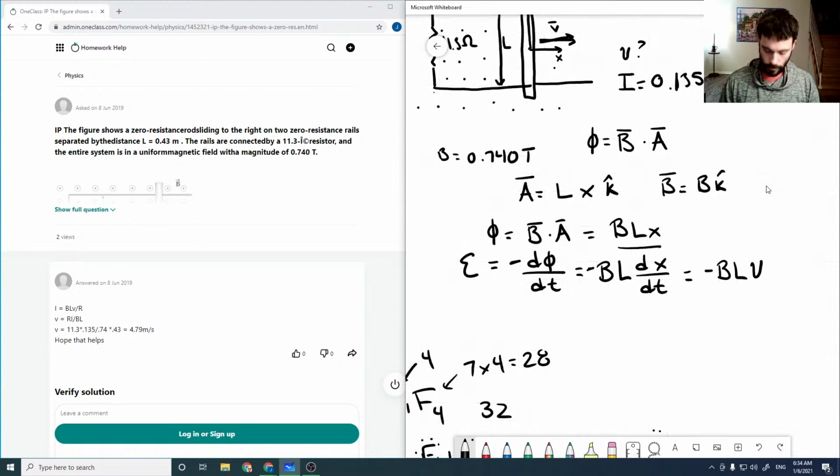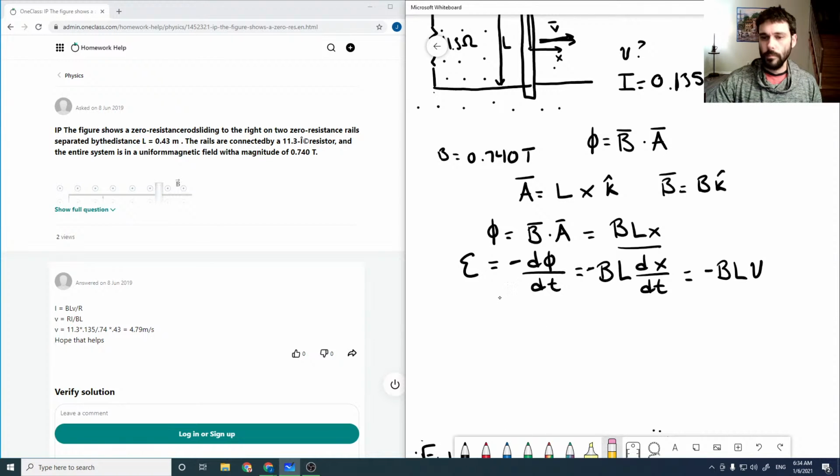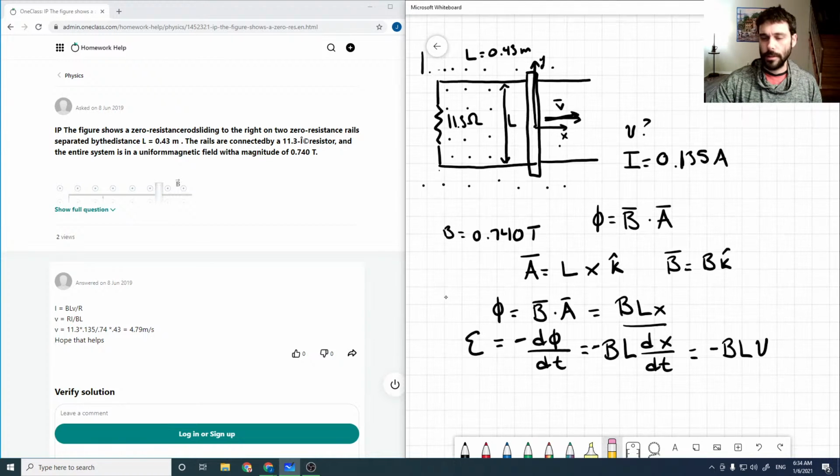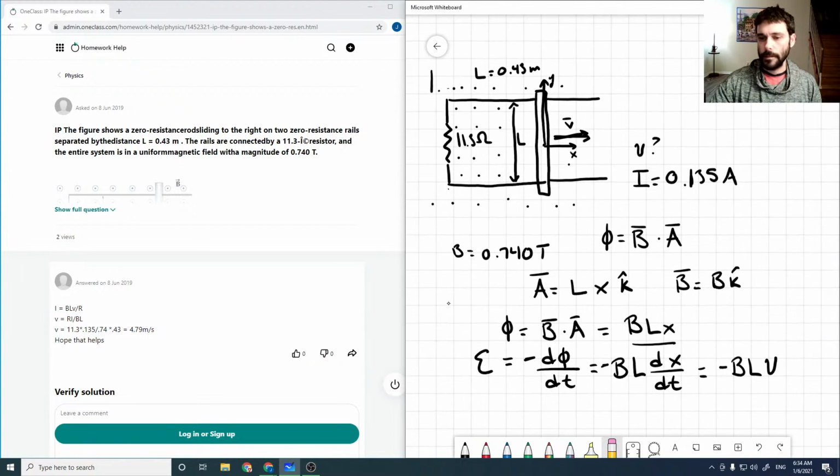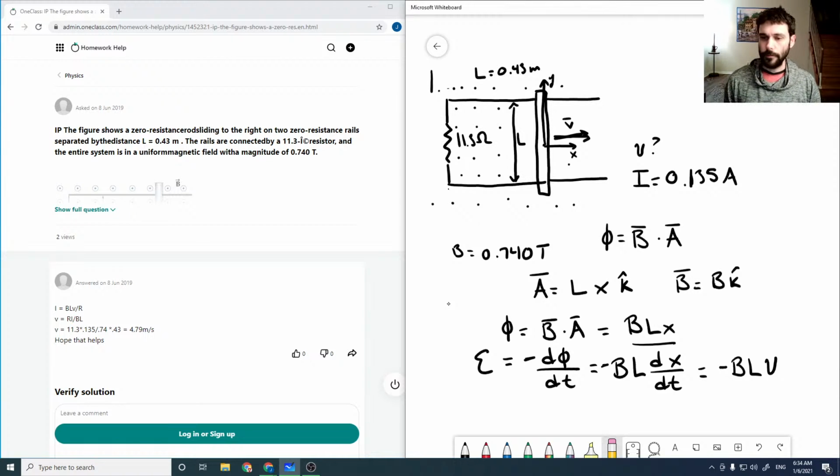The negative sign just means that it's opposing the direction of increasing flux. As we move to the right, in the positive x direction, the flux is increasing upwards.